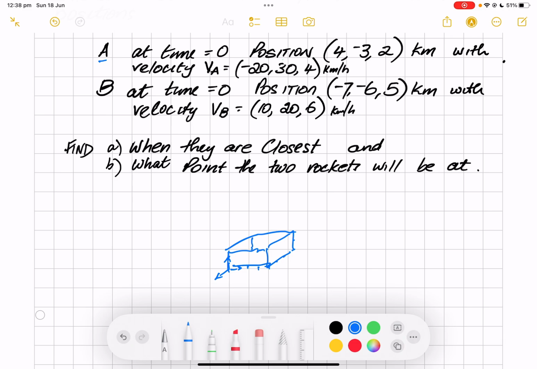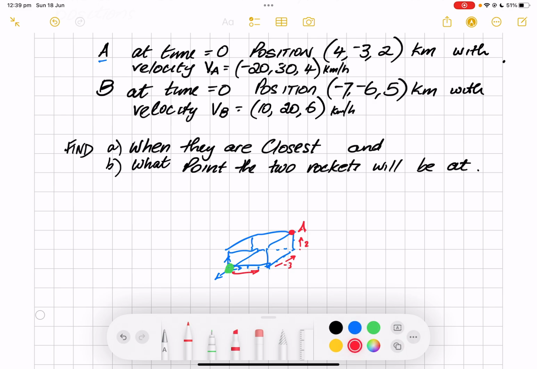Give me a sort of a reference of space, and I'll put A here. So A starts up 2 kilometers above the ground. It's back 3 kilometers, and it's to the right from the origin. I'll put the origin here at 0, at 2, at right 4.